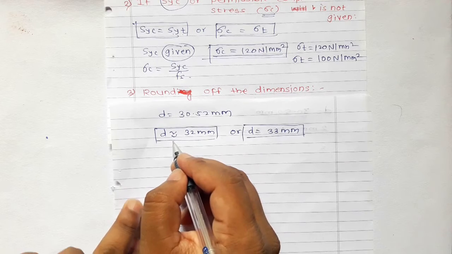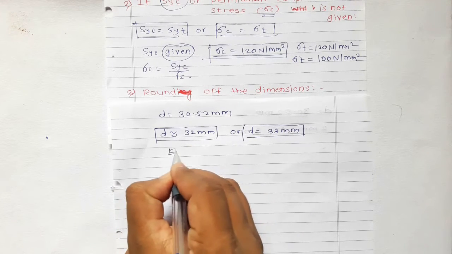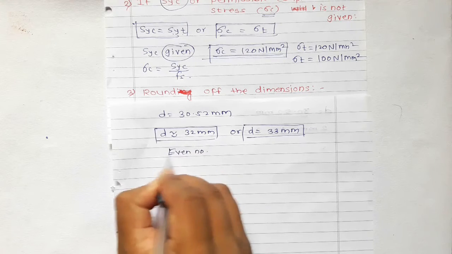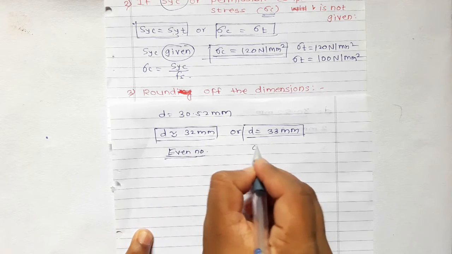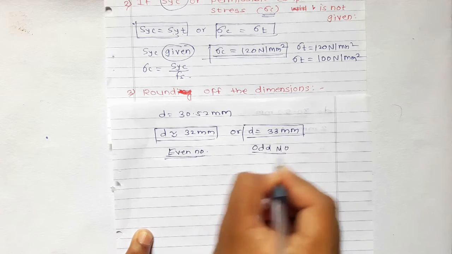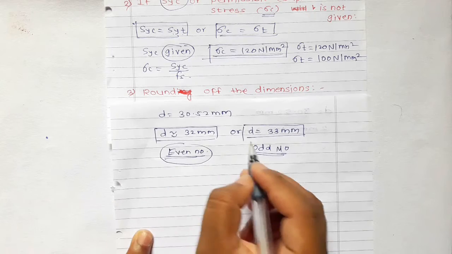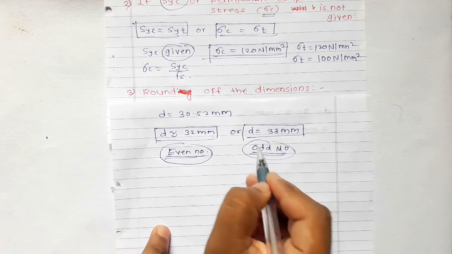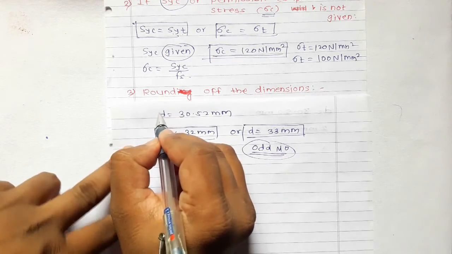Generally we try to keep the final rounded off answer as an even number. We try to keep this rounded off value as an even number, and this is an odd number. But if you go for the odd number also, it is also correct, because the examiner will first check your calculated answer.